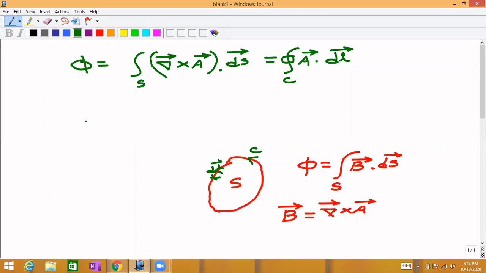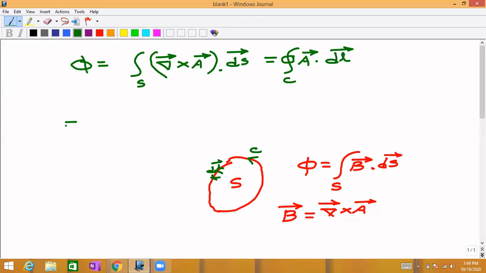We have got one expression of phi. Phi equal to L into I. The flux linked with a coil or a loop is equal to self-inductance multiplied by the current passing through it. Right?